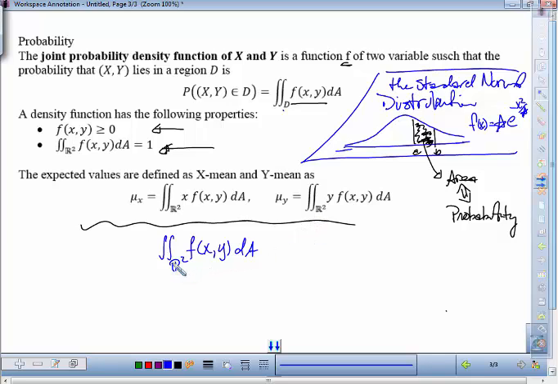Then you would divide by the mass, but the mass is equal to 1, so it really is just like the center of mass. In fact, x bar and mu are the two symbols for the average, the mean. So it's really just the special case of the center of mass where the whole distribution, or the mass, is equal to 1.